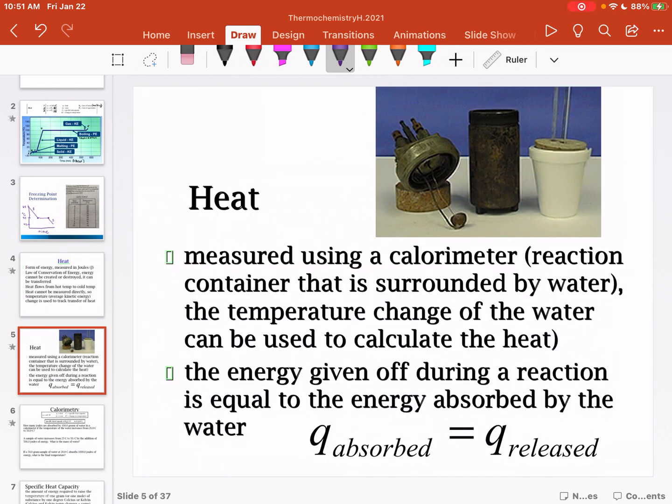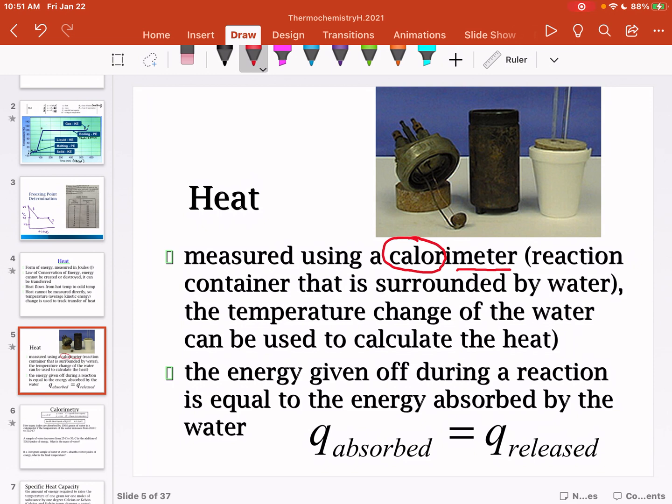So as we said, heat is something that in theory we can measure using a calorimeter. I'm not sure how good you are at your Latin-based languages, but I think calor means heat to some degree. So it's measuring heat. And again, we're not measuring heat directly.